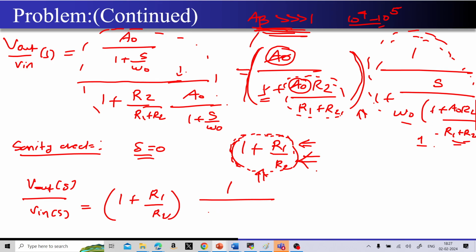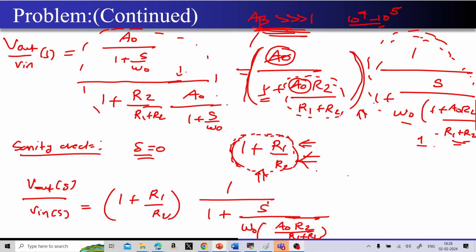So now I will be left with 1 upon 1 plus S by omega naught into A naught R2 upon R1 plus R2. Correct. So this is the equation with which I will be left.